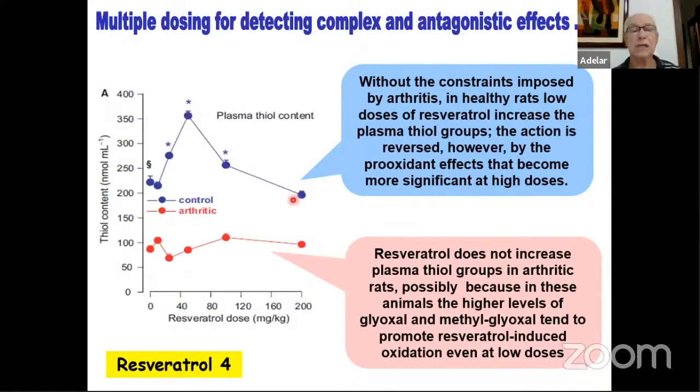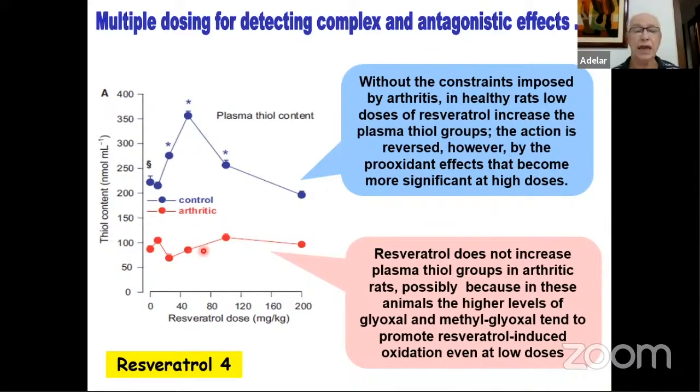So actually, this shows that resveratrol has two kinds of effects: an antioxidant effect at low doses, and later on, a pro-oxidant effect. This appears quite clearly in healthy rats, but nothing happened in arthritic rats. But here another factor intervenes.